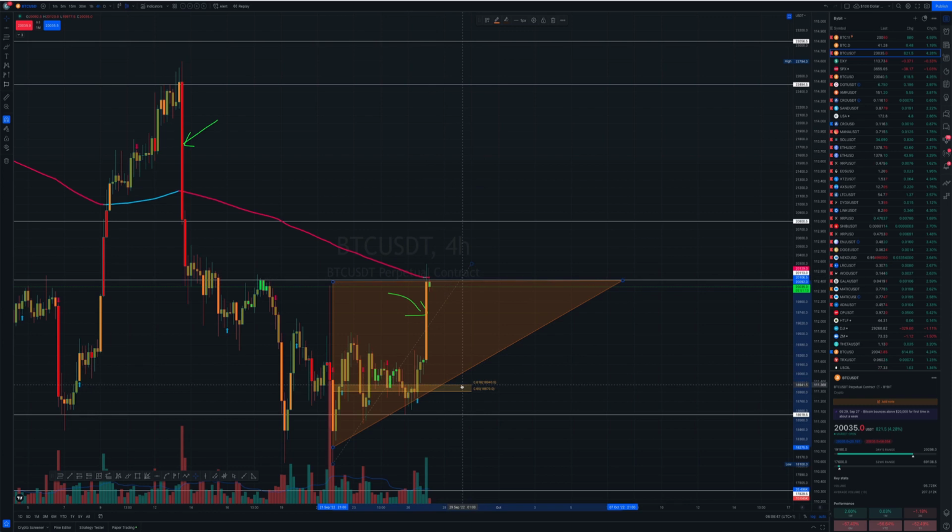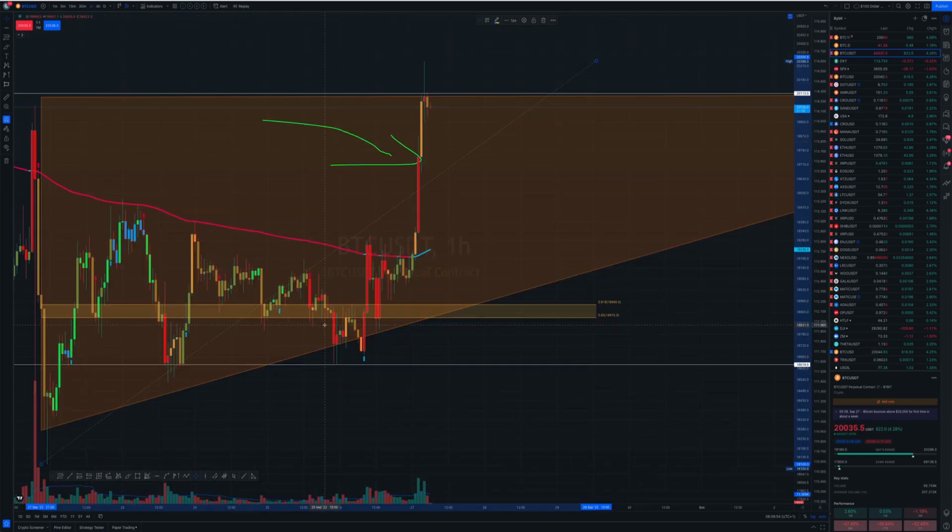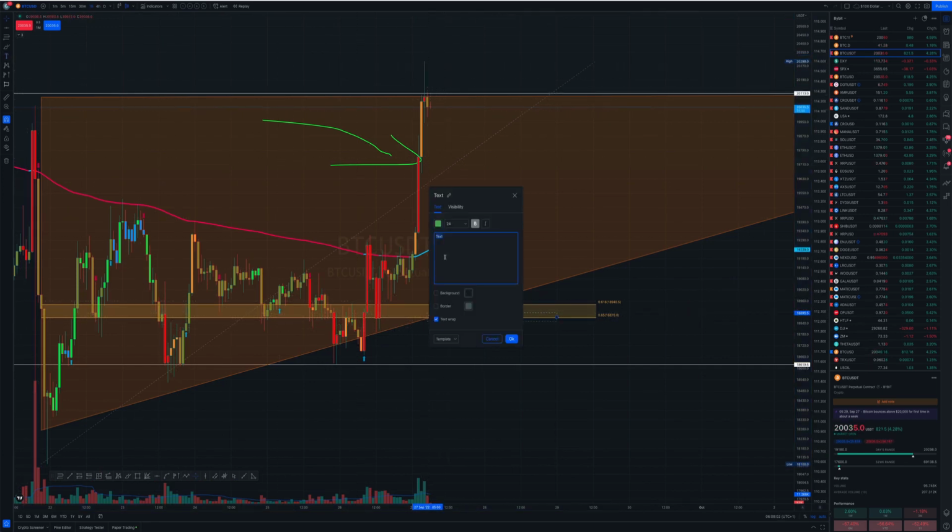So this area right now, if I zoom in a little bit to the 1 hour, and I'm going to put in some text. So this would be an entry. My entry zone would be between 18,940 and 18,870.